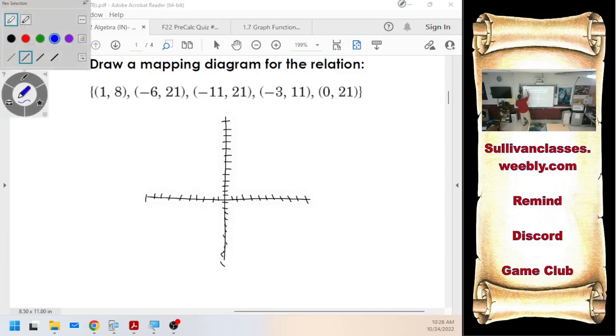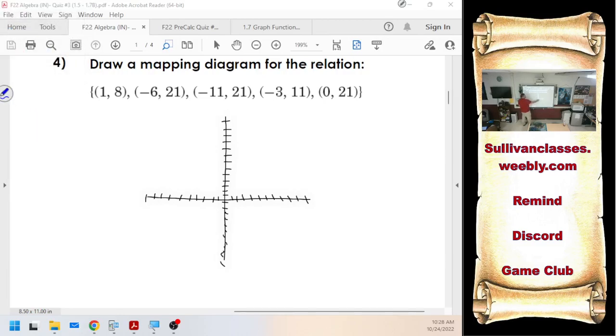I've got a kid who does this. And they go to 1, 8, and then they go to -6, 21. Then they go to -11, 21, and then they go to -3, 11, then they go to 0, 21. Is that a mapping diagram? No. That's a graph. Don't make a graph when it says make a mapping diagram.